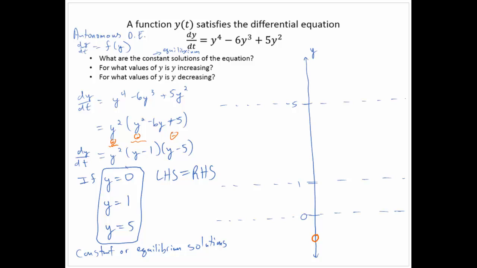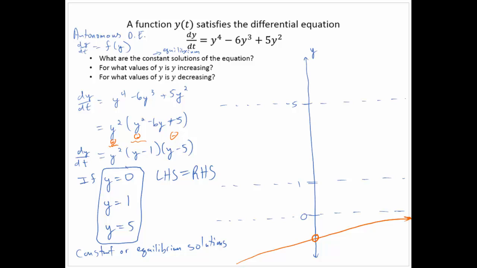And so this would be positive, which means dy/dt is positive. And so therefore, y must be increasing. And as the y value approaches that 0 level, it becomes asymptotic. And so we get a curve that does something like this. And so it's increasing.